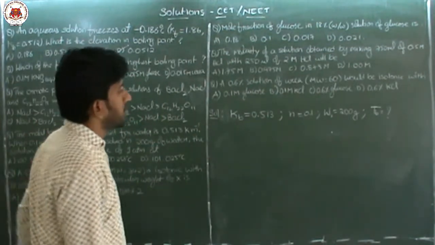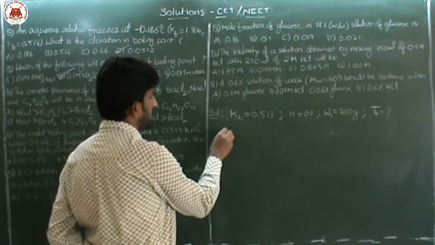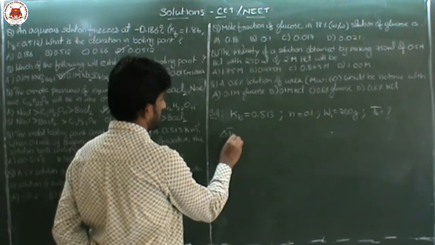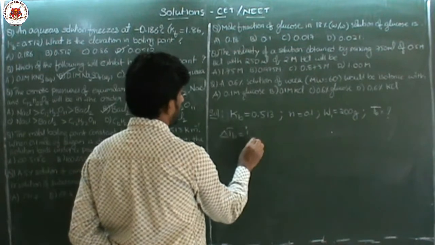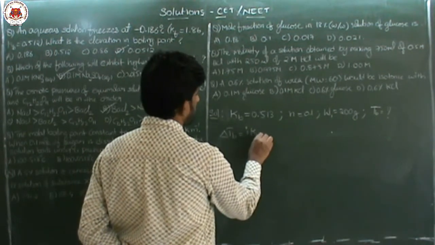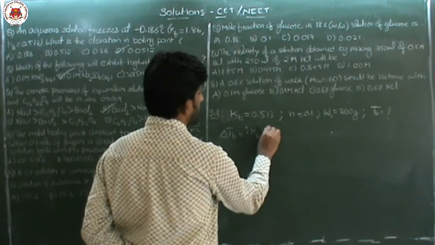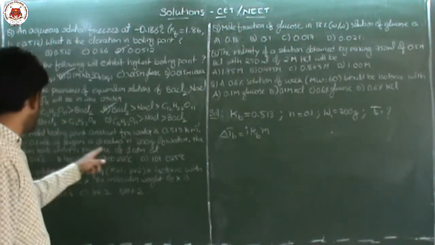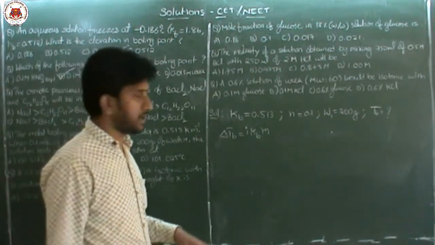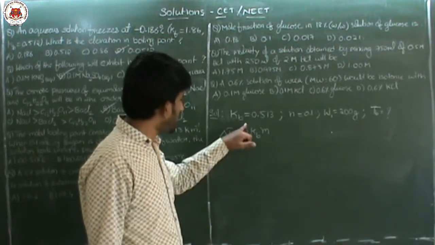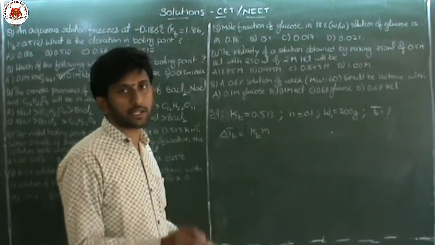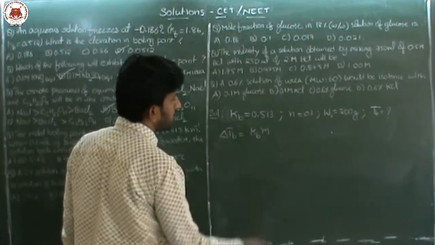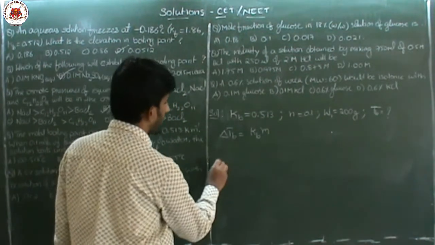Okay. Now you know that delta Tb can be written as i into Kb into molarity, right? Here it is a sugar molecule, no? Sugar molecule means not undergo association or dissociation. So i value is 1. You need not consider i. Then what is the m value? Molarity. Molarity formula is what?